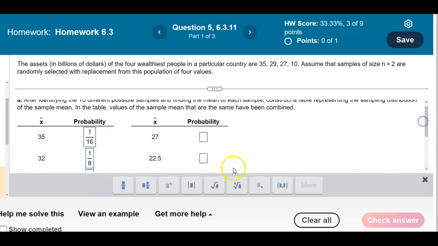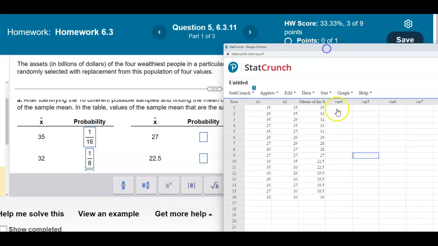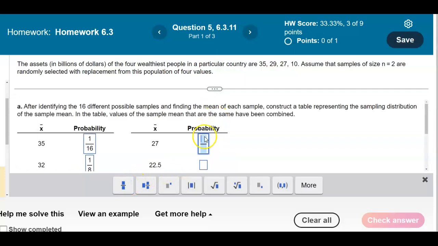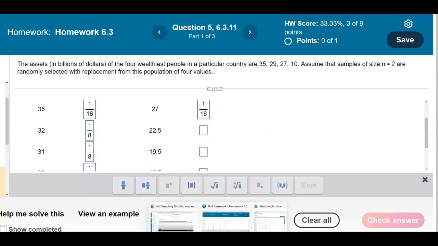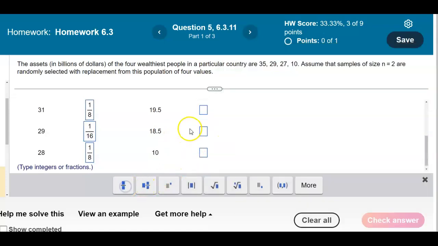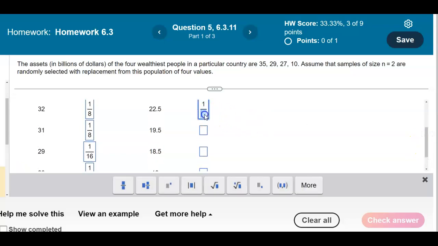Let's take a look at 27. We have 1 of them, so that probability is 1 out of 16. Then there's 22.5, and we have 2 of those. Again, 2 out of 16 is the same as 1 out of 8.